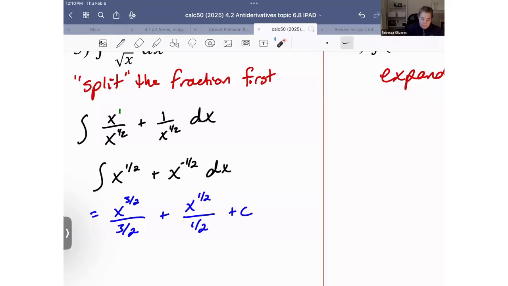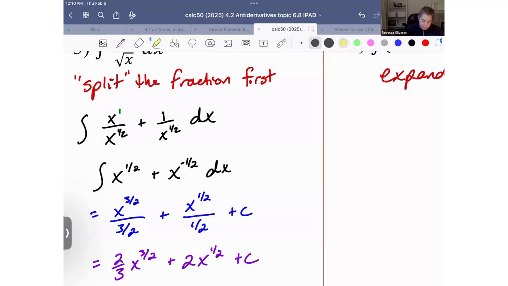I don't want to leave it like this because this is a complex fraction. So in the next step, I'm going to call that 2/3 times x to the 3/2 plus 2 times x to the 1/2 plus c. And if you want, you can turn that back into radicals. So you can call that like the square root of x cubed and the square root of x, but you can leave it with rational exponents.